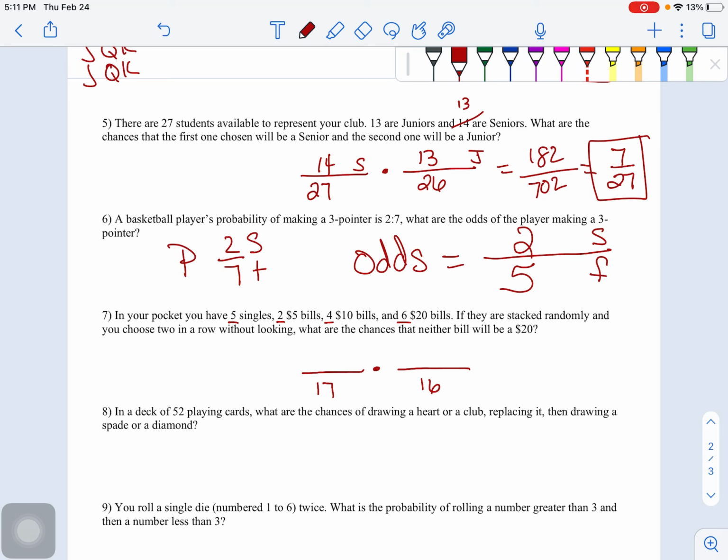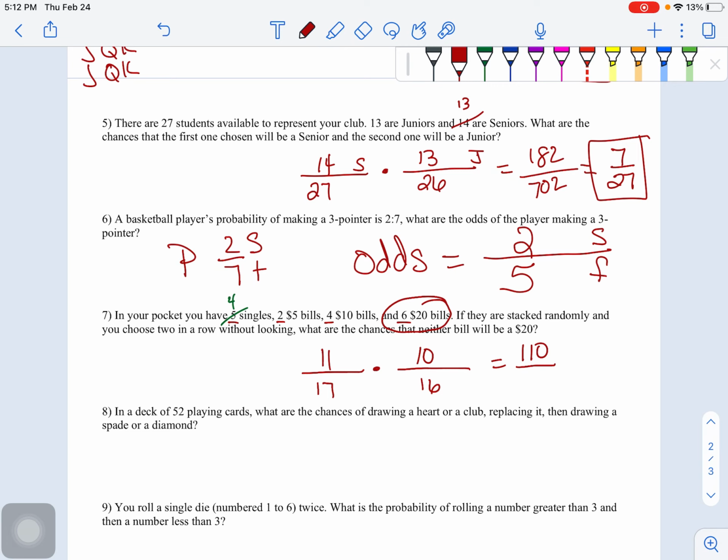The top. So we want to not get a $20 bill. How many are not 20s? Well, if there's 17 bills, we have 11 that are not 20s. Now, if I chose one and it wasn't a 20, you always assume success. Let's knock out one of those bills. It doesn't matter which one. So now how many bills are not 20? We have 10.